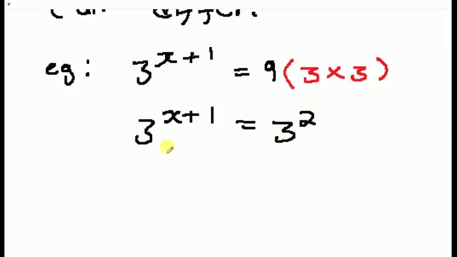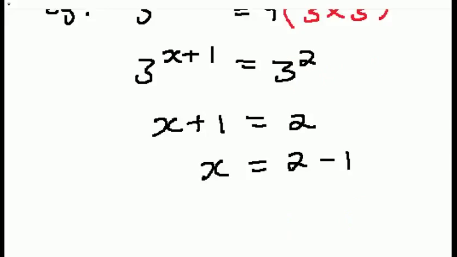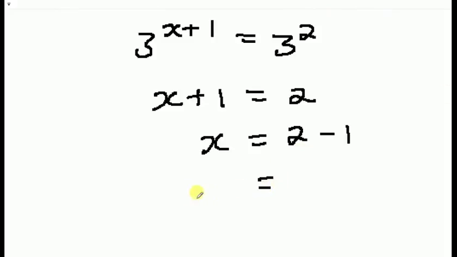So if we write all the bases of an exponential equation the same, it means that we can equate what? The indices. So here it means that x plus 1 is equal to 2, which means that x is equal to 2 minus 1. So our x is equal to 1. So this is our solution.